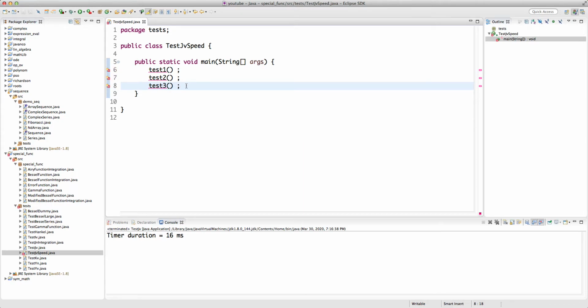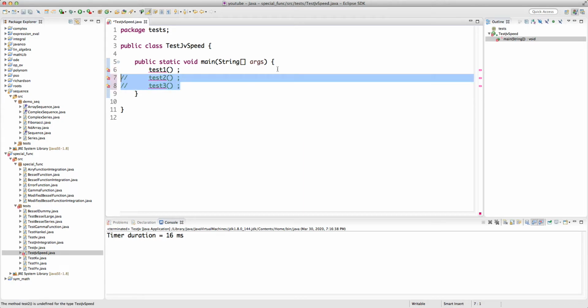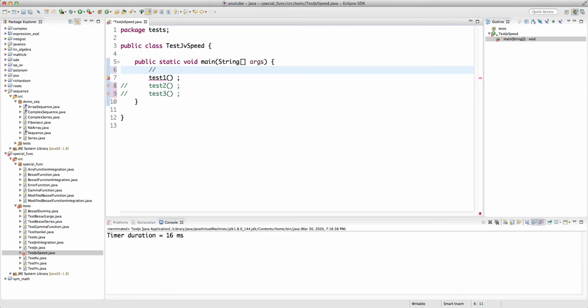I'm going to start with test 1, which is the implementation that I taught in this lecture, from my library, my implementation. Test 2 is going to be the Colt library, and test 3 is going to be the Apache Commons Math library.